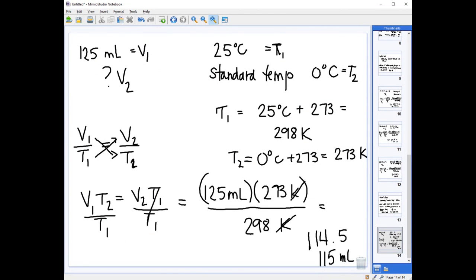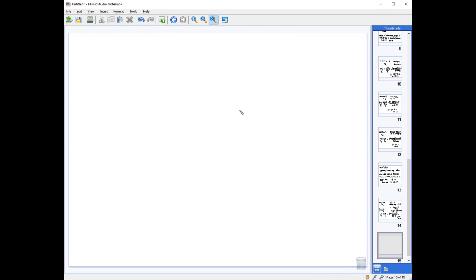Okay, so let me find another one of those and let's work another one of these. Here's one. Okay, so we have a 1.00 liter sample of argon gas.